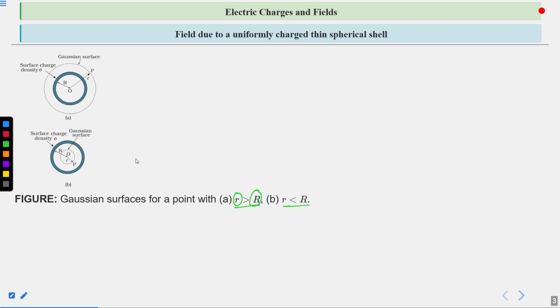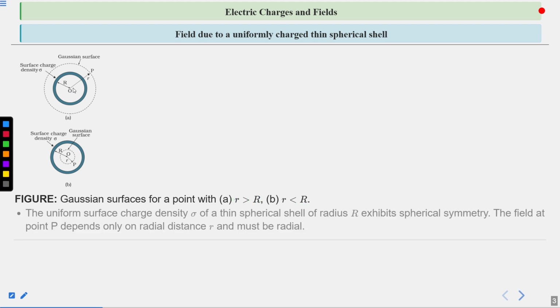Here we assume that the shell is thin and the total charge is uniformly distributed over its surface. Due to spherical symmetry, the electric field vector at any point is radially outward for positive charge, and radially inward if the charge is negative.